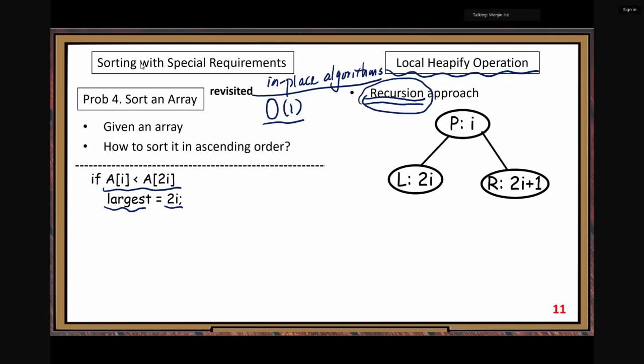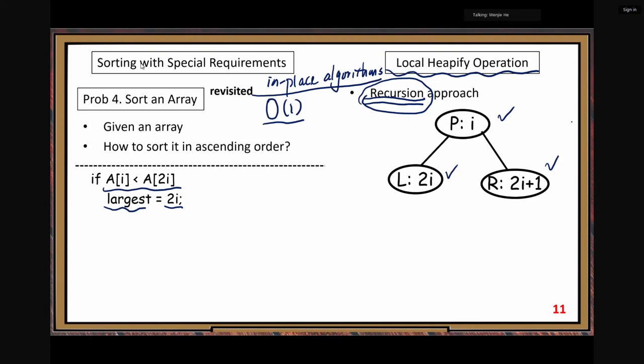From its name, you know we want to store the index of the largest value among these 3 nodes, P, L, R. Which one has the largest value? That index number we want to store in this largest variable. So after the first comparison, we store 2i in this largest variable.